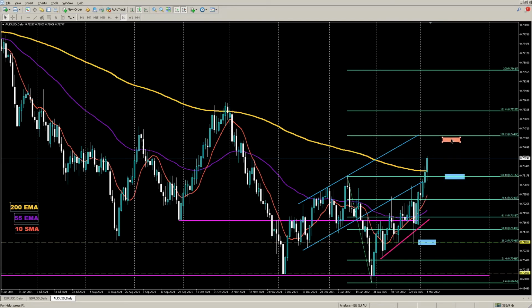We can move this now to the next resistance at 138 fib extension of this reversal move, and right to the top of the upper channel trend line as well. And can move this up to the 786 retracement, which is actually the 21 fib retracement.